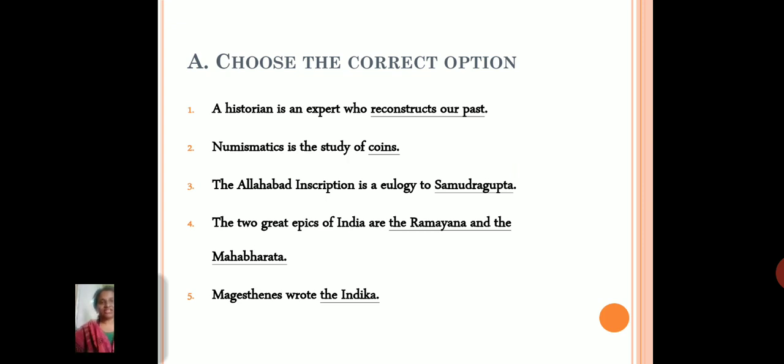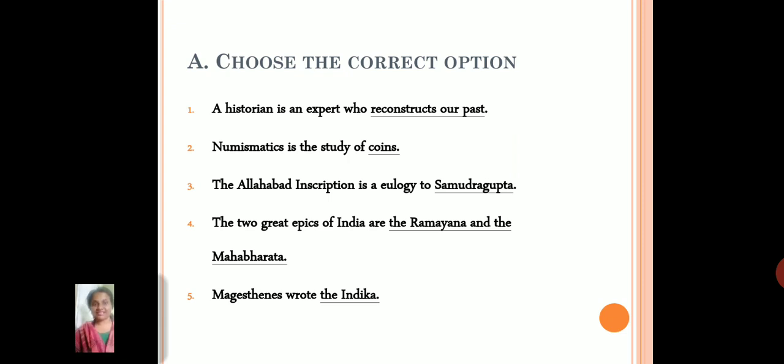Now in the blank you will write the answer, reconstructs our past. This is the first option in your textbook. There are 4 options in your textbook, and those options are reconstructs our past, studies natural and physical sciences, studies the human bodies, and predicts the future.